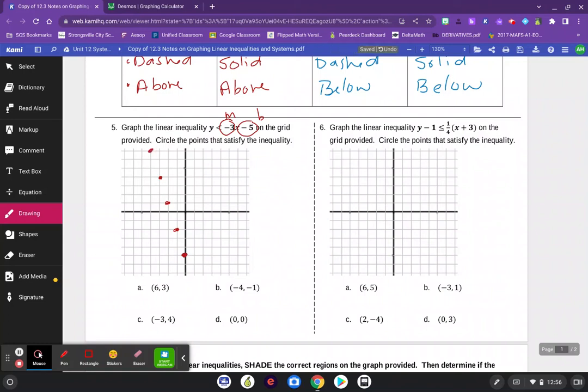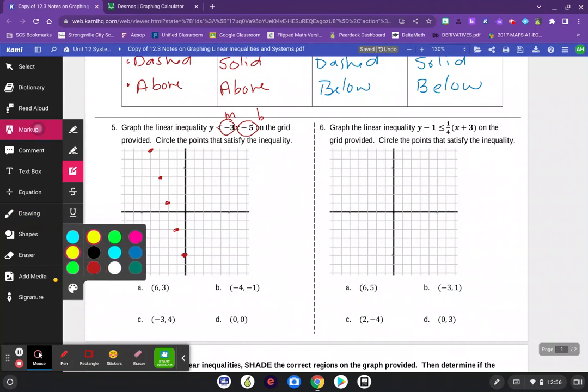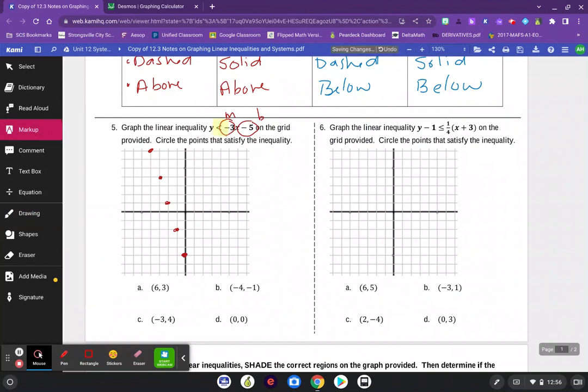Now I really have to pay attention to my inequality symbol. And my inequality symbol says less than. Now that's going to tell me two things. That less than is going to tell me that I have a dashed line. So be careful, don't connect that yet. And it's also going to tell me that I'm going to shade below or to the left of my line. This line is pretty slanted.